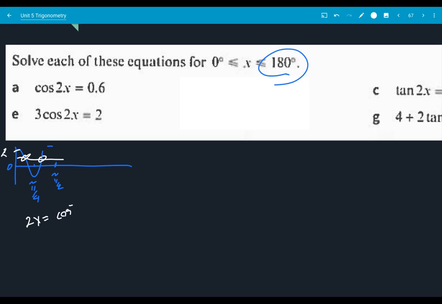So I'm going to do 2x is equal to cosine inverse of 0.6. Be very cognizant as you're doing this what mode your calculator is in. So I'm going to get x is equal to 0.4636. That's in radians. Now I'm going to go ahead and switch the mode on my calculator and run these again.